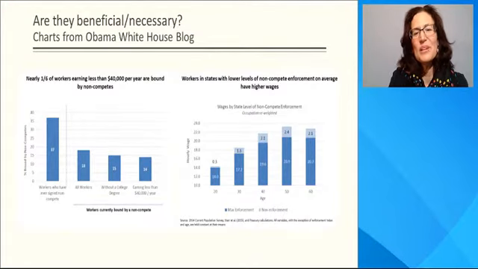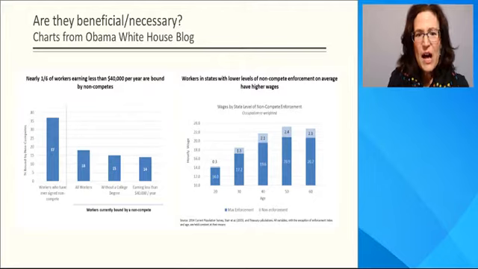But are they beneficial and really necessary? Here are a couple of charts I found from the Obama White House blog page. It says nearly 1/6 of the workers earning less than $40,000 a year are bound by non-competes.